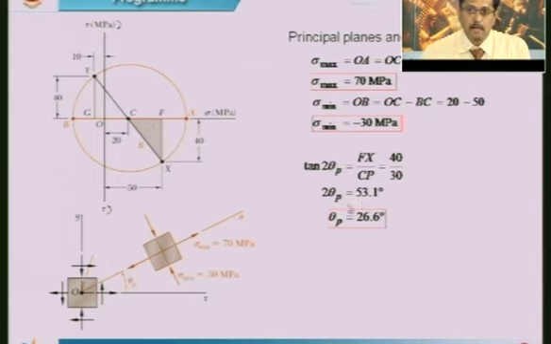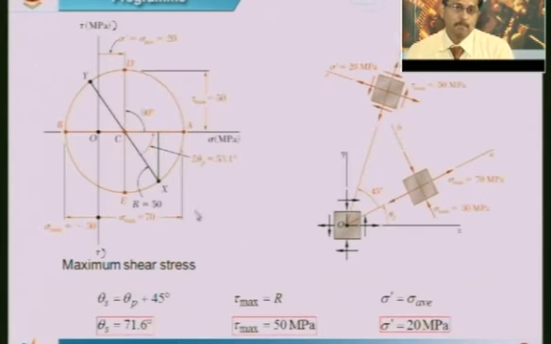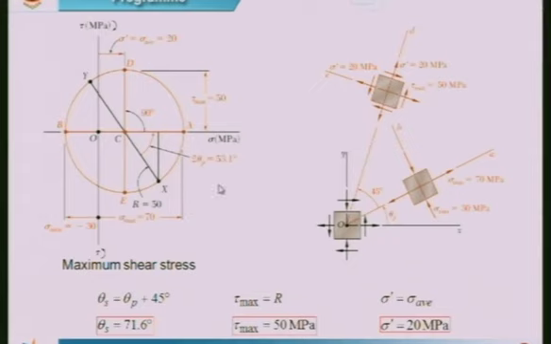So, we get 2 theta p equal to 51.3, or theta p equal to 26.6, and this is the angle theta p, and this is the maximum principal stress that is acting, which corresponds to 70, and the minimum is minus, so it is compressive. So, we have found the maximum principal stress, the minimum principal stress, and the plane on which it is going to act, which is 26.6, and this is how we get the principal stresses.